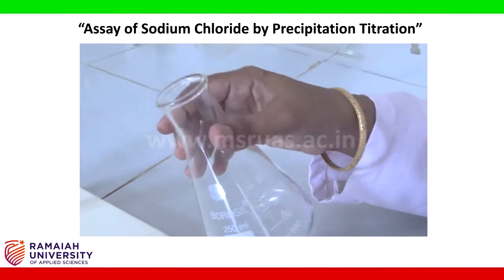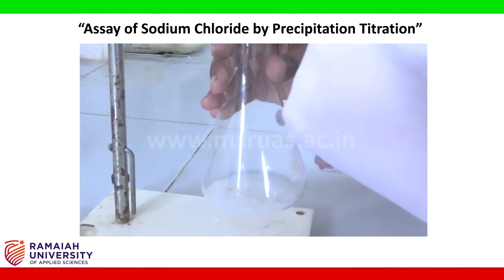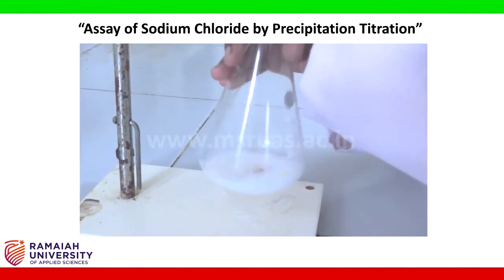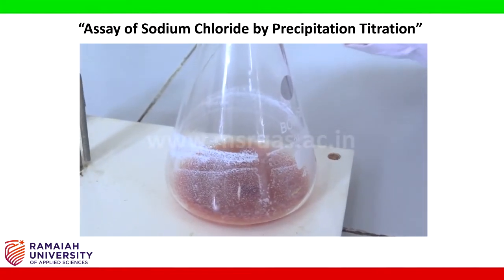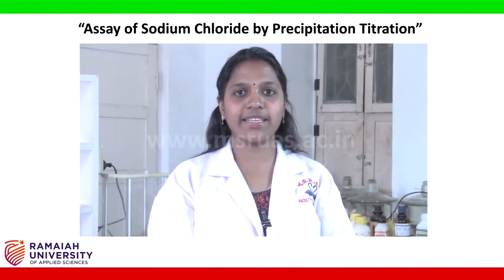Titrate against 0.1 normal ammonium thiocyanate solution. Endpoint is the appearance of faint red color. This is the procedure for standardizing 0.1 N ammonium thiocyanate, and next is the assay of sodium chloride.